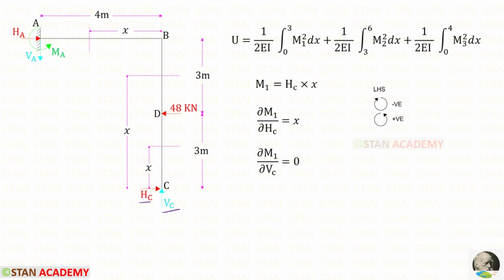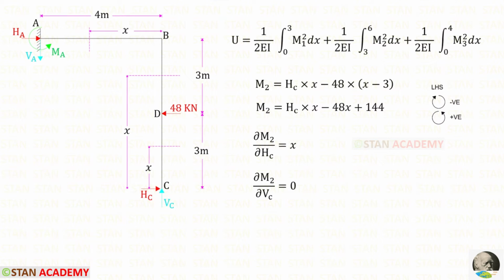So by them we have to partially differentiate all of the moments. First let us partially differentiate M1 with respect to HC. For HC it will be 1. 1 into x it will be x. Let us partially differentiate M1 with respect to VC. Here there is no VC, so the differentiation will be 0.